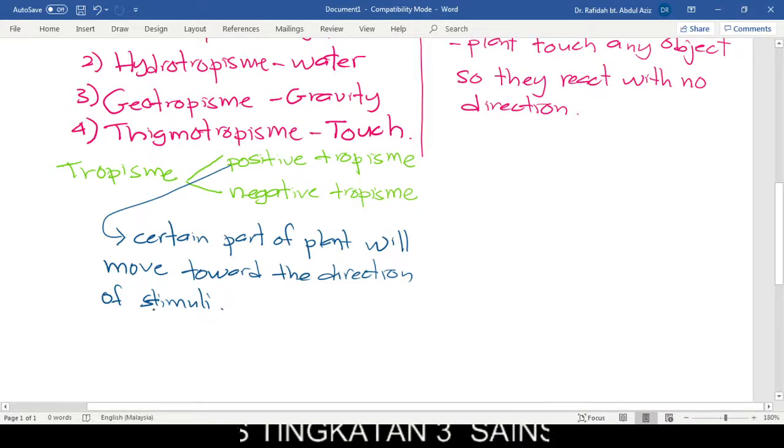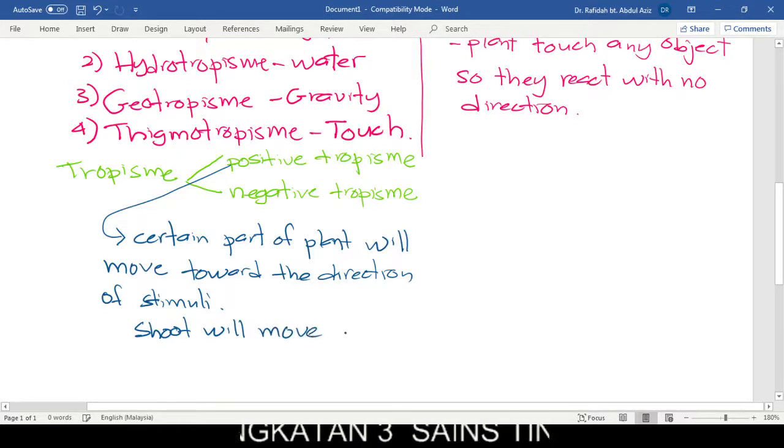For example, in phototropism, a certain part of plant, for example the shoot, will move towards light.